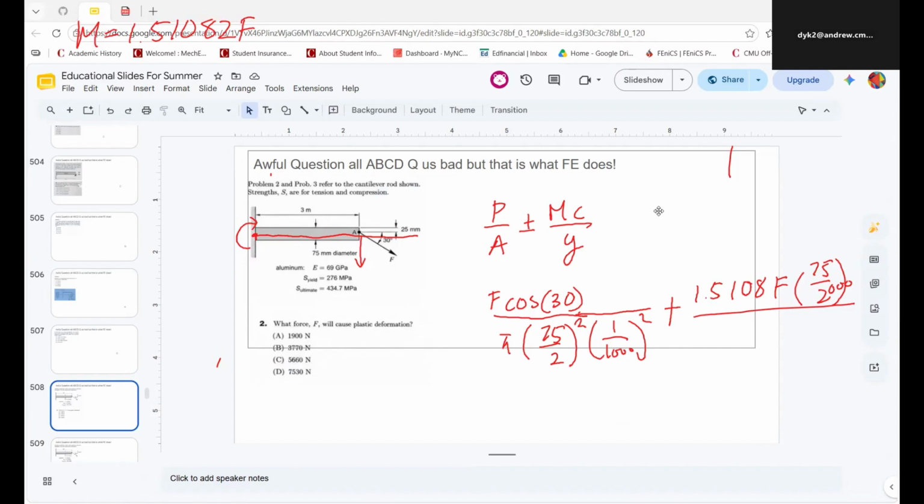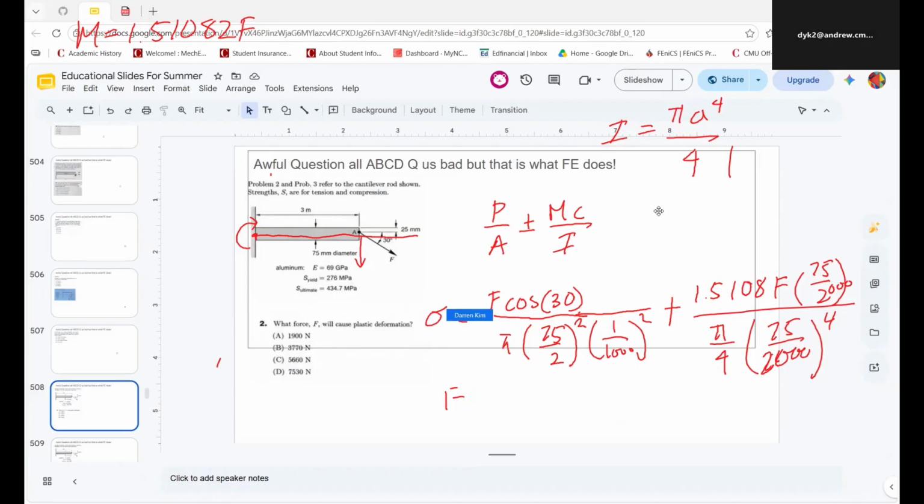Next up will be the Y. No, not the Y. My apologies. It will be the I in this equation. I equals pi a to the 4th power over 4 for this one. Yep. So you can imagine it's pi divided by 4 parentheses, whatever 75 divided by 2,000 looks like. And then it's the 4th power. We do the first, and then we have F, and then this equals that.